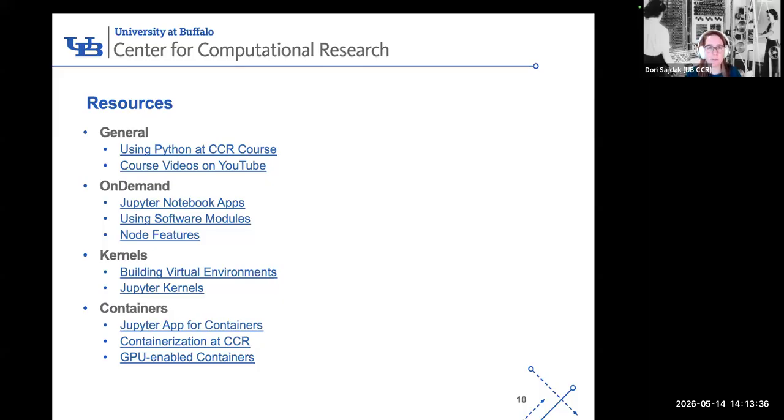There are a few different methods for using Python, and that's all covered in the UB Learns course. There are no assignments or quizzes or anything like that in the course. You can just flip through, and there are different modules depending on what you're interested in.